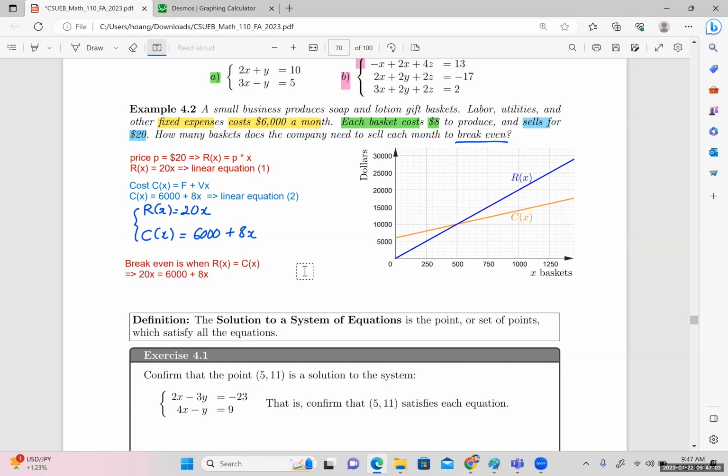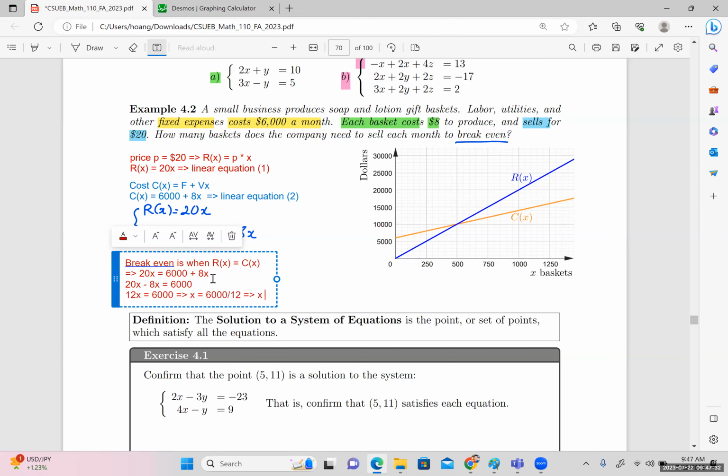We can subtract 8x from both sides, and then we have 12x equal to 6,000. We can have x equal to 6,000 divided by 12, and that gives x equal to 500.